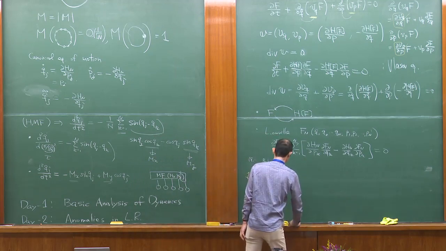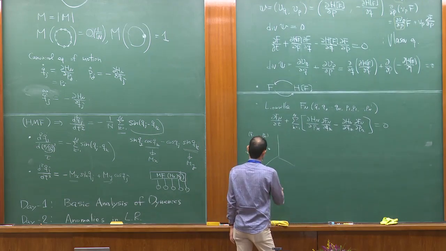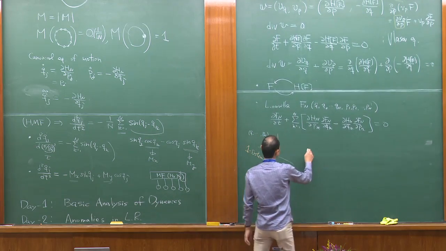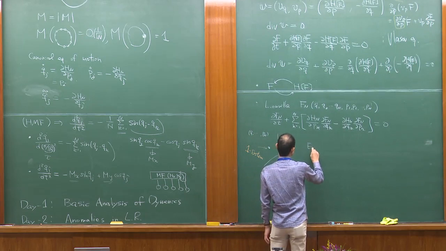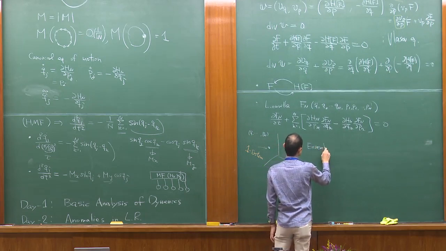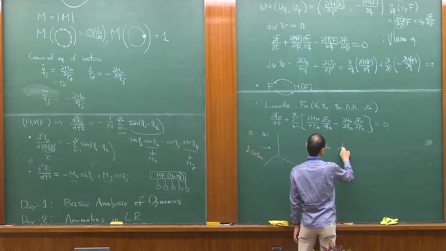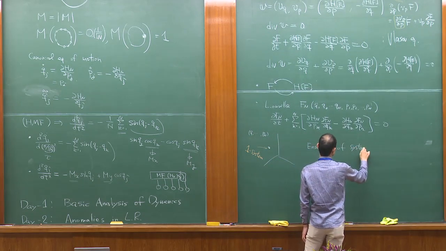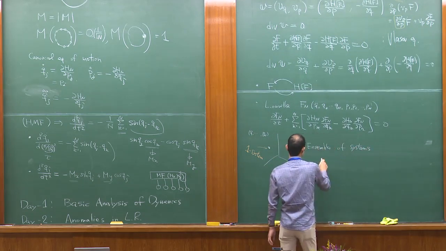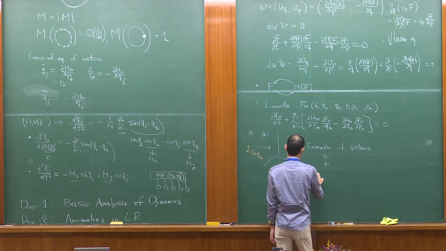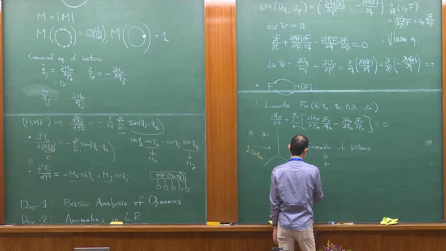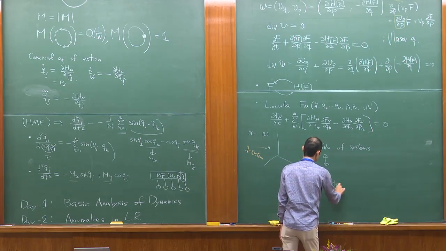So in the Liouville equation, we consider an ensemble of systems. But in Vlasov, F is one system, the temporal evolution of one system.